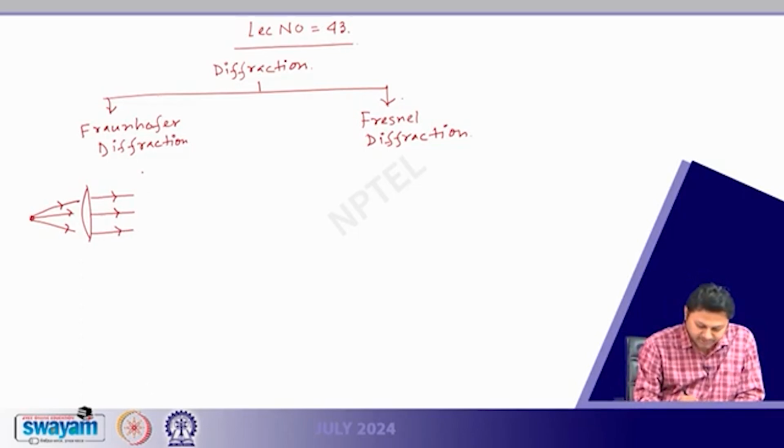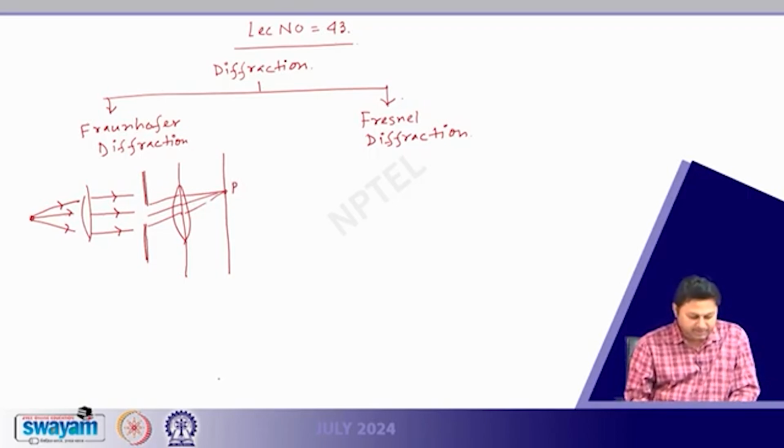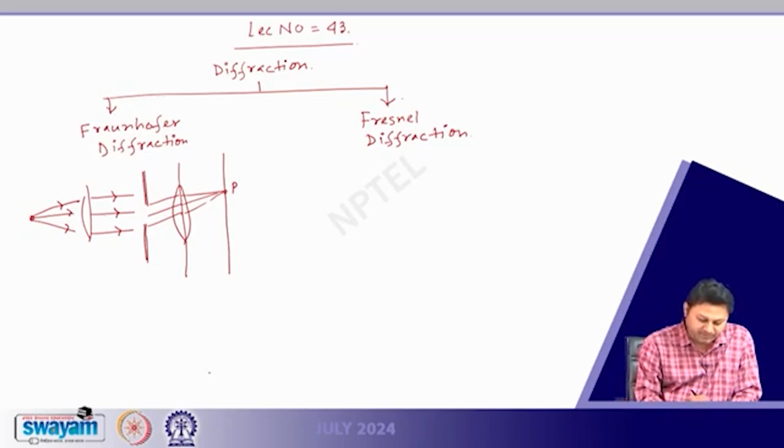Then we have some aperture here, and then again we place a lens here, and light is diffracted and we accumulate all the light at some point P and find a pattern, but essentially source and screen both are at infinity. This is the source and that is the screen.